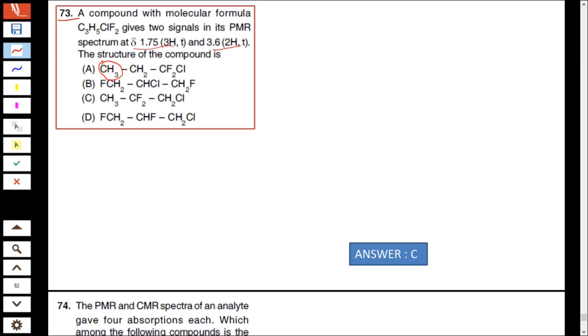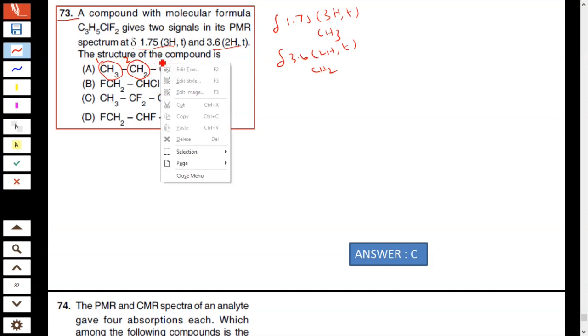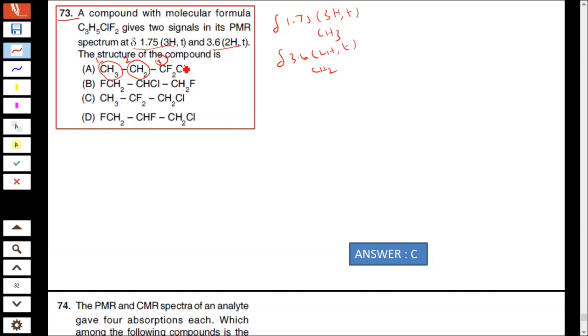The 1.75 3H triplet is due to the methyl group, and the 3.6 2H triplet is due to the CH2 group. Here it's a CH2, but it gives 1, 2, 3 signals. Hence option A was ruled out, because we observe only 2 signals.